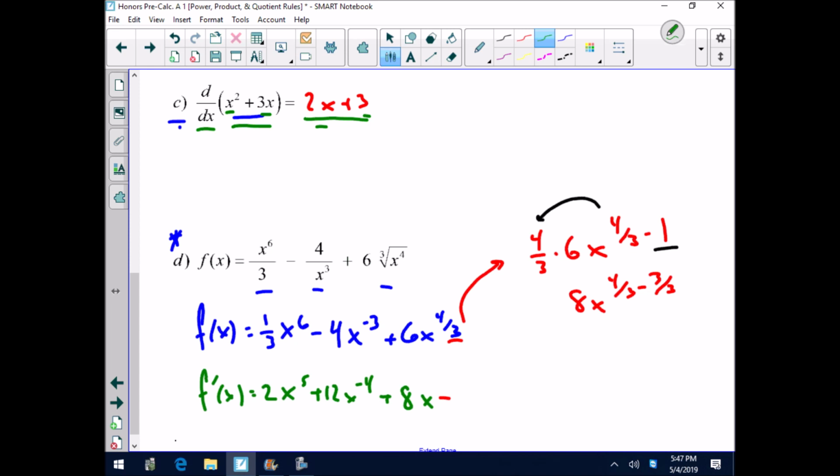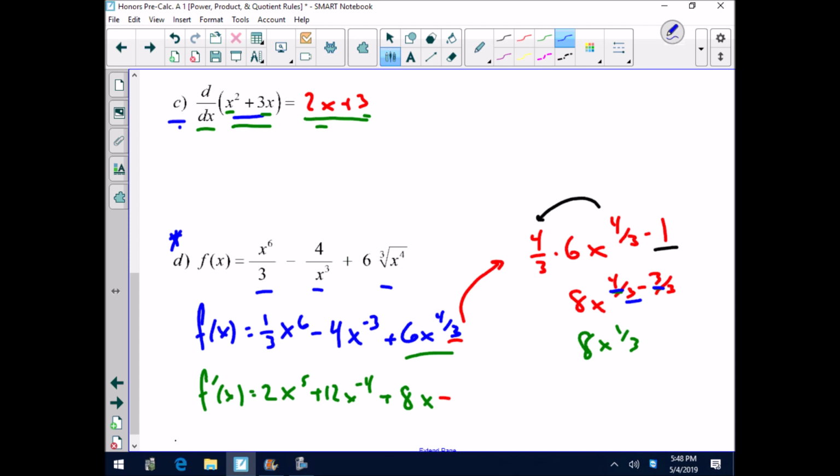When we do that, what we're really doing is subtracting the quantity of 3 away from the quantity of 4 to give us 8x to the 1/3 as the derivative of 6x to the 4/3. Really what we've done here, when we took 1 and represented it as 3/3, is gotten ourselves to a place where we can subtract basically a quantity of the denominator away from the numerator, right?